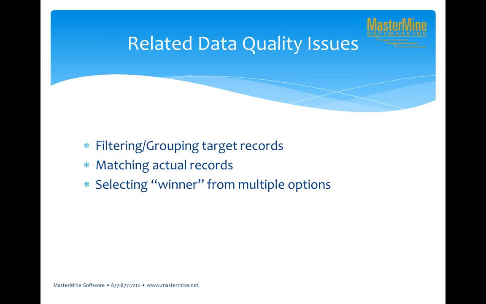And then the third one relates to that side-by-side comparison when you're actually looking at them. When you actually go to select a winner of which of the two you're going to include, you're going to want to have the data be accurate, not just in the fields that are deciding what's going to be matched, but also, if you think about it, your key fields are going to be really important.